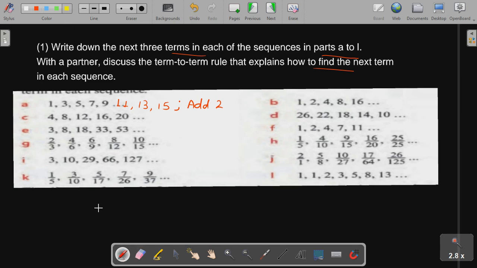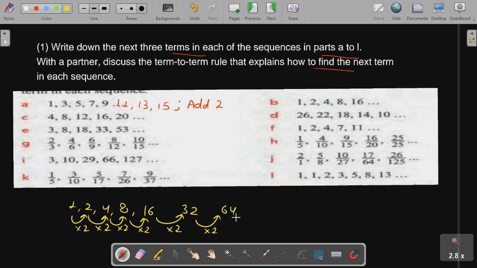Okay, now moving to the next one. Option B is 1, 2, 4, 8, 16. We can see that if we multiply 1 by 2, we get 2, then 4, then we multiply 4 to get 8, and multiply 8 to get 16.